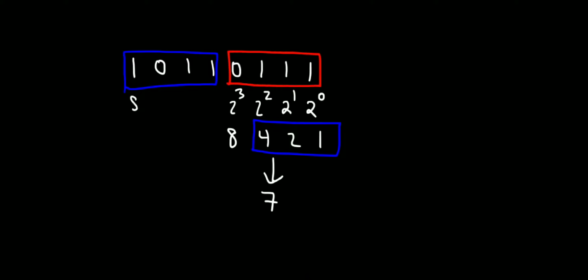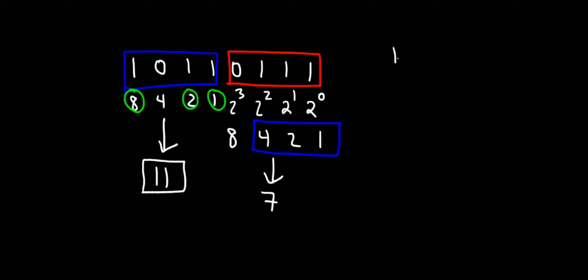Now in this also 8 4 2 1 we will write, and we will consider the 1 only. So 8, 2 and 1 is having the 1, so we will add 8 and 2, 10, and 1, so its addition is 11. And you know in hexadecimal 11 is having a code.